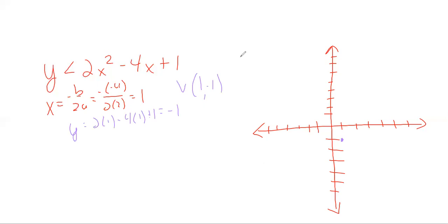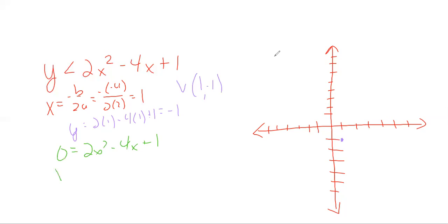Got to find the zeros now. To find the zeros, set it equal to 0. Okay? I'm going to use the quadratic formula.